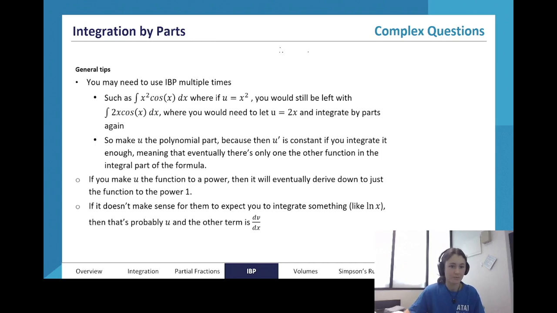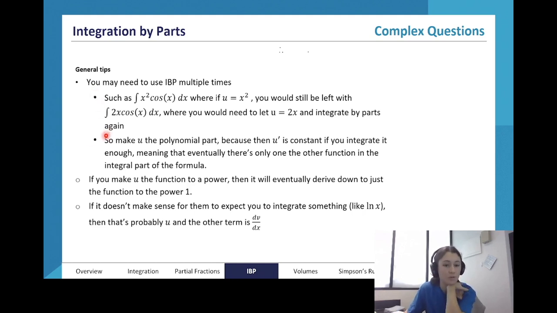An example of this is if you are asked to find the integral of the product of x squared and cos x with respect to x. If you let u equal x squared, which would be a good idea because u is the polynomial, then if we do integration by parts enough times, it's going to derive down to be left with a constant number.